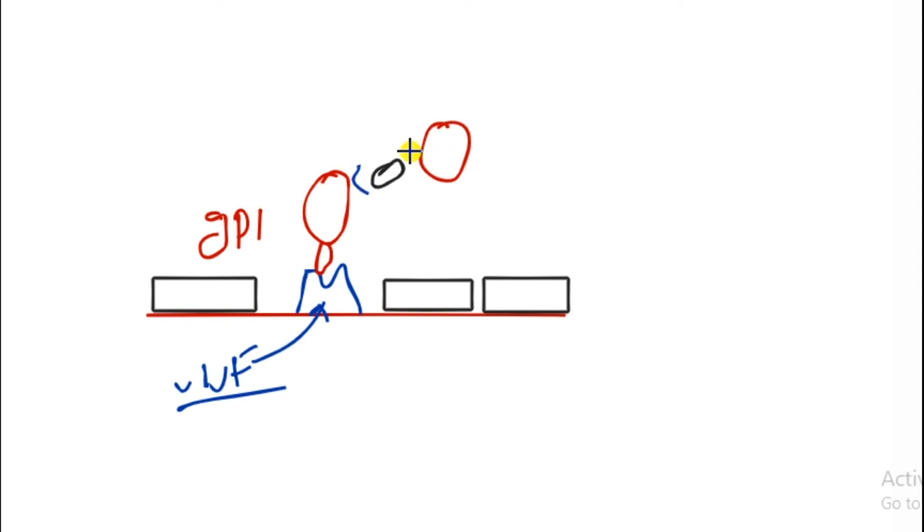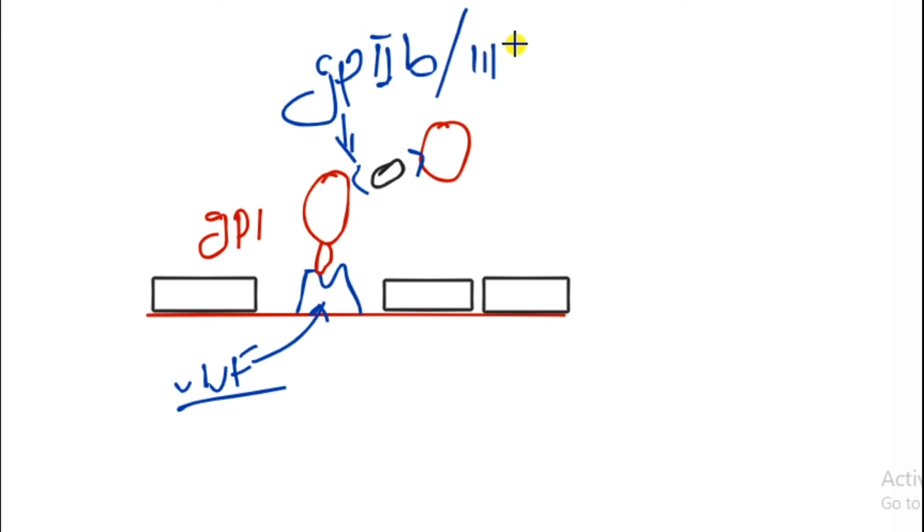Each platelet has what? The GP2B3A receptor.